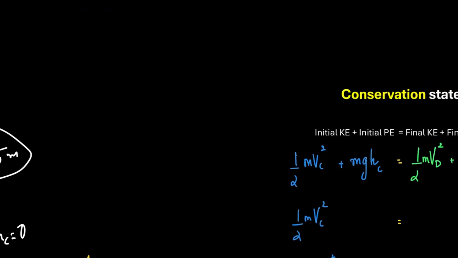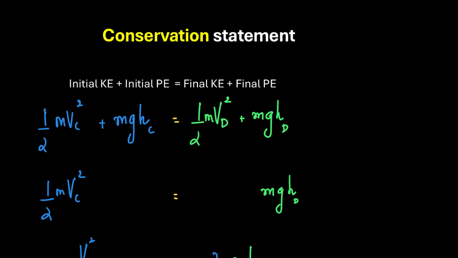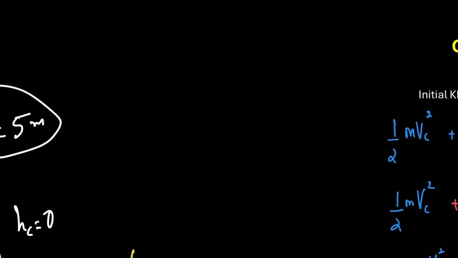Right? So if we apply the conservation of mechanical energy statement here: initial kinetic energy half mVC squared plus initial potential energy mg into HC is equal to half mVD squared plus mg into HD. What is HC? It is 0. What is VD? VD is 0, therefore VD squared is also 0. Why? Because the ball is momentarily at rest.